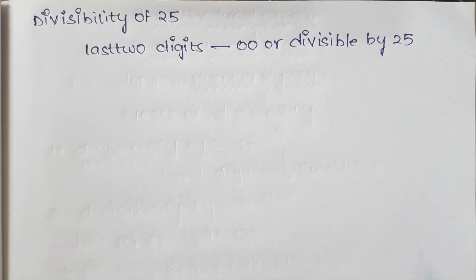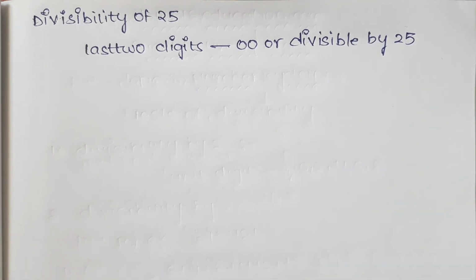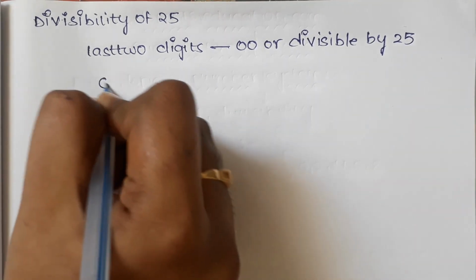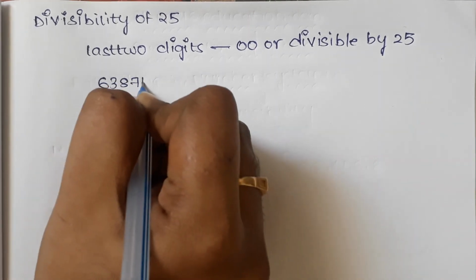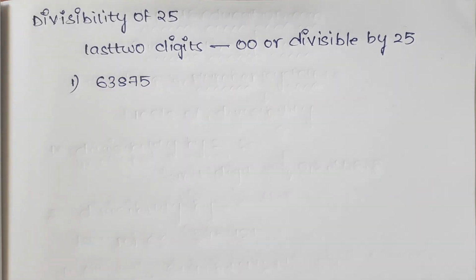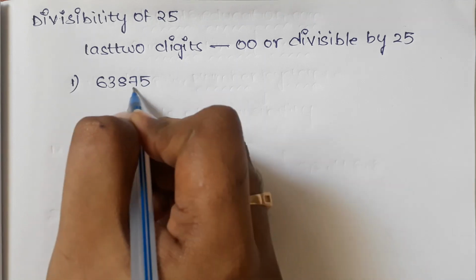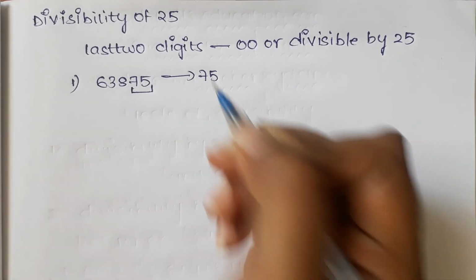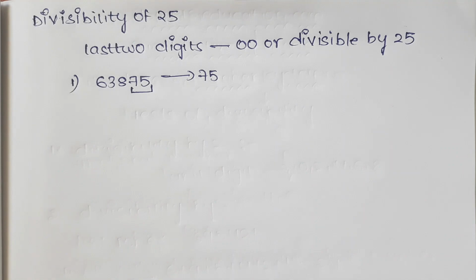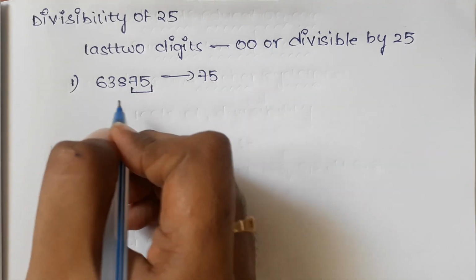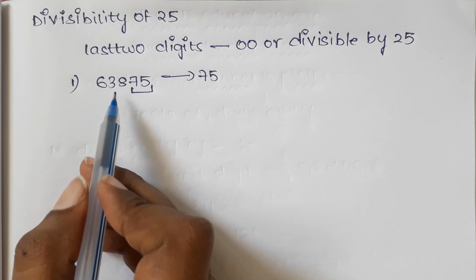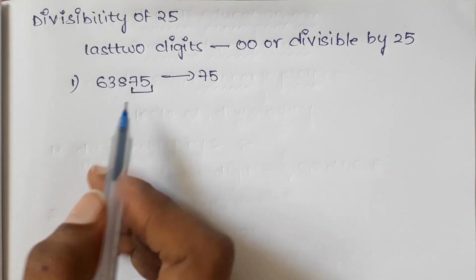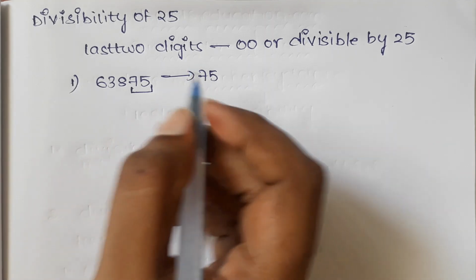Let us see an example: 63875. This is the number and the last two digits are 75, and 75 is divisible by 25. So the given number 63875 is also divisible by 25.